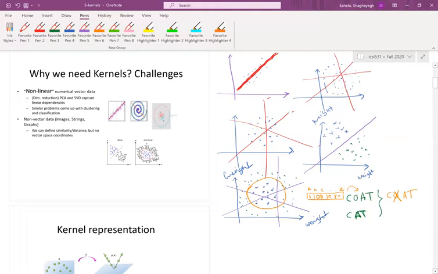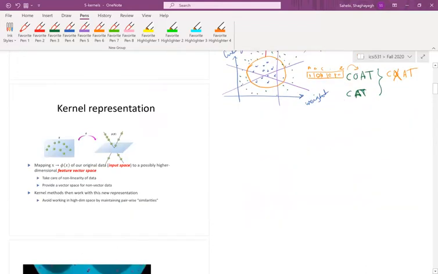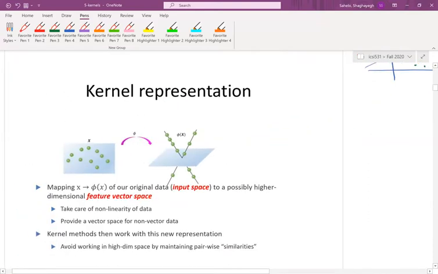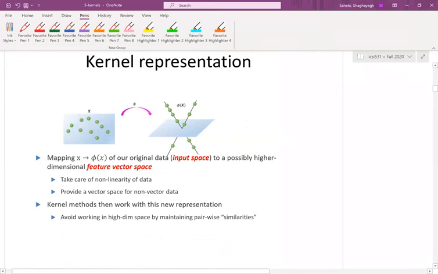Okay, let's see how they are going to do that. With kernels, we have a kernel representation of our data. If I have a data point X, I can define a mapping from this X to phi of X. X is our original data in our input space, and phi of X is in a higher dimensional, usually higher dimensional, feature space.